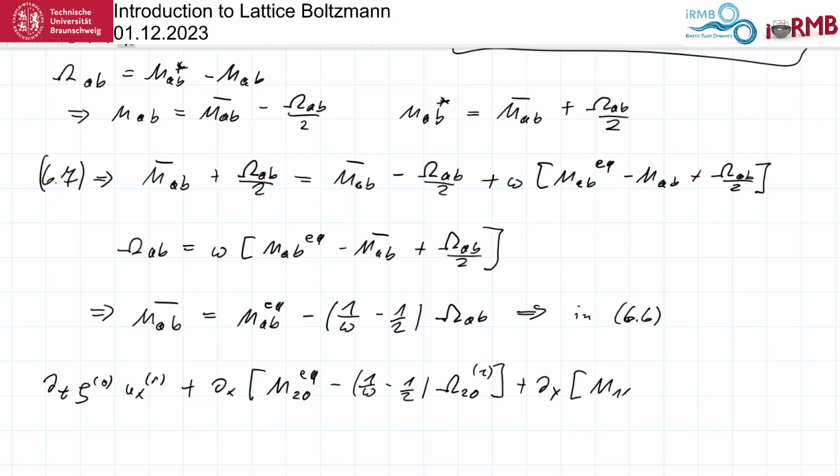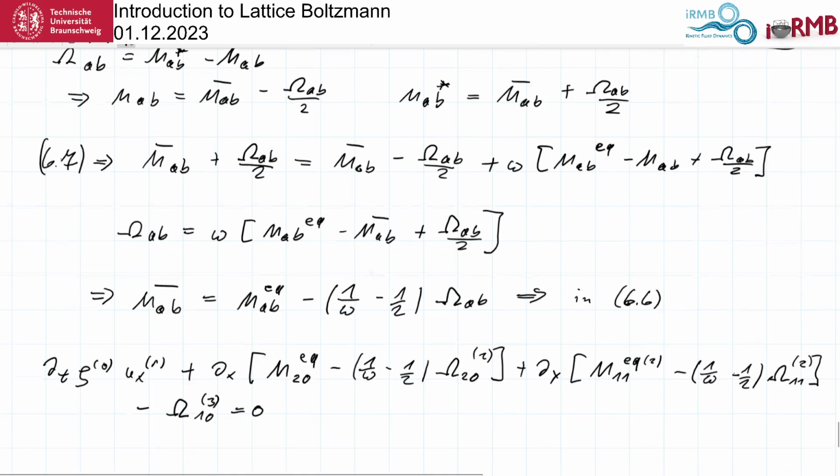Here comes the moment m11 equilibrium to second order minus (1 over omega minus 1/2). And here comes omega_11 second order. And all of this minus omega_10 to the third order is equal to 0.